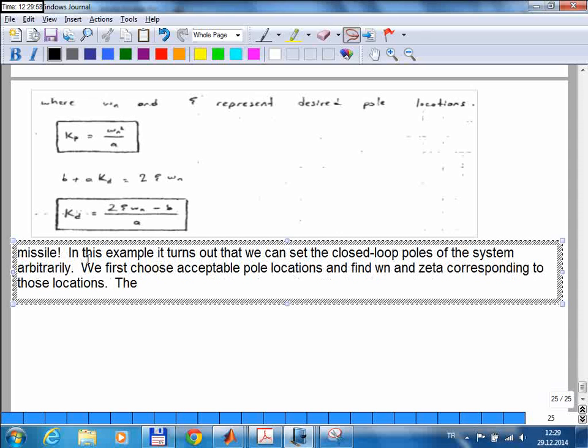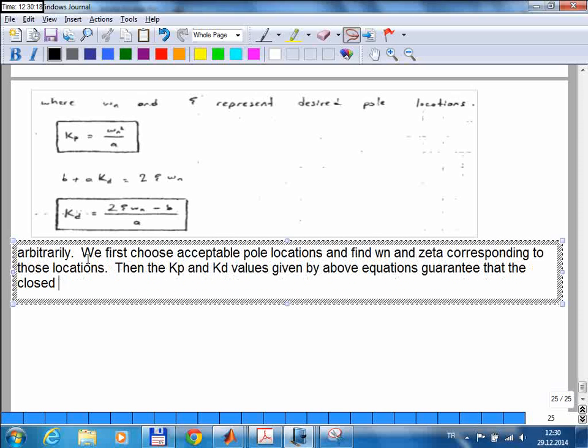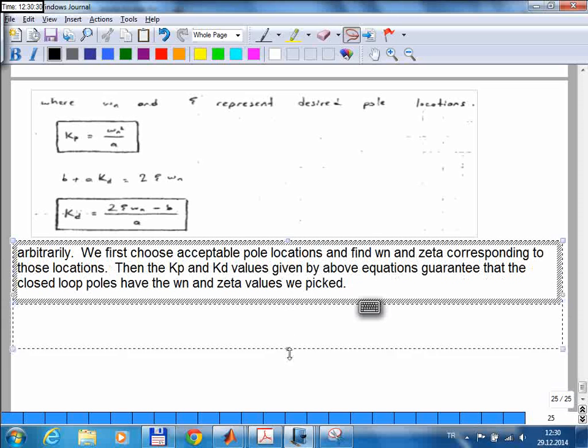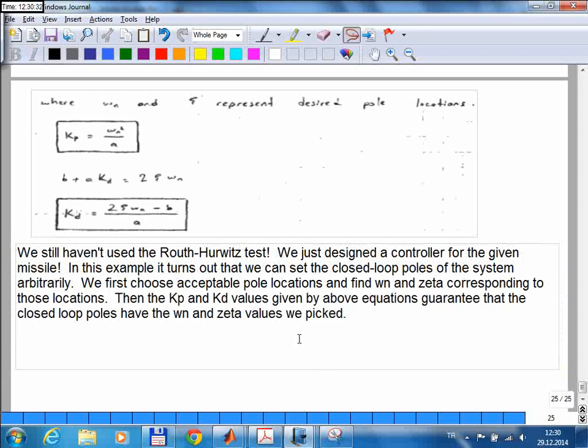Then the Kp and Kd values given by the above equations guarantee that the closed loop poles have the omega n and zeta values we picked. Okay.